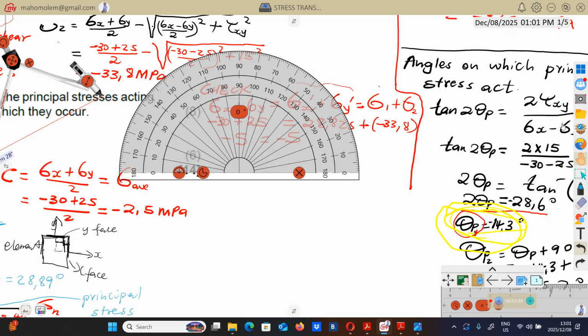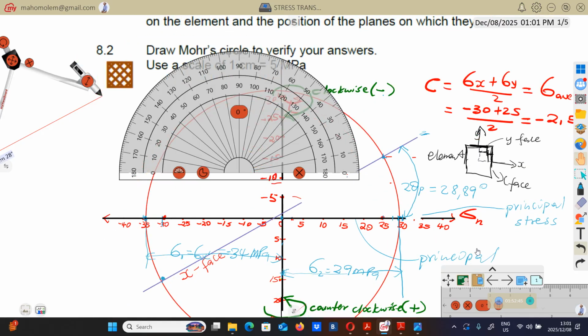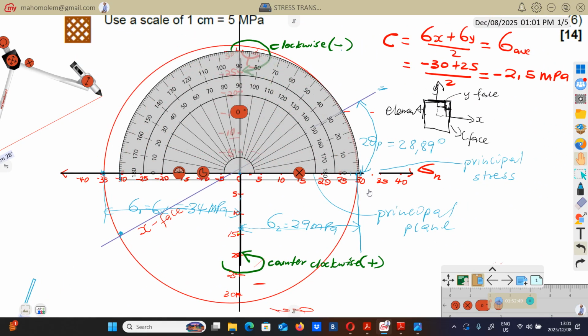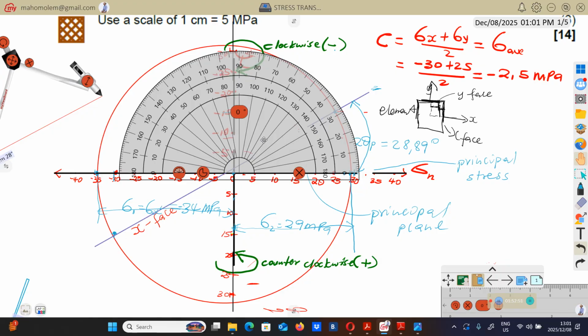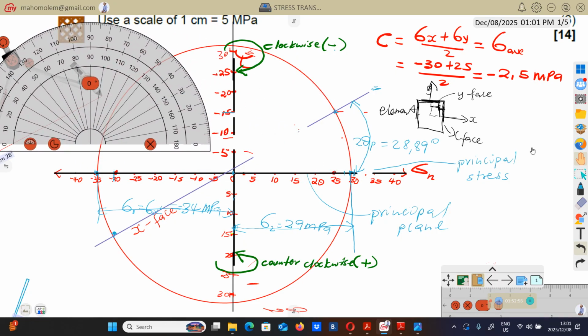Analytically, we got 28.6. Graphically, there is that one. So that is the angle from the Mohr's circle.